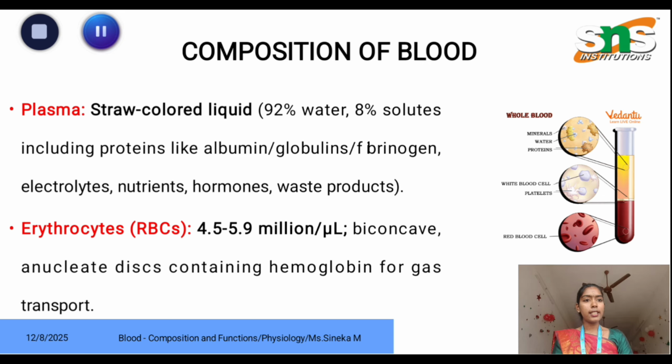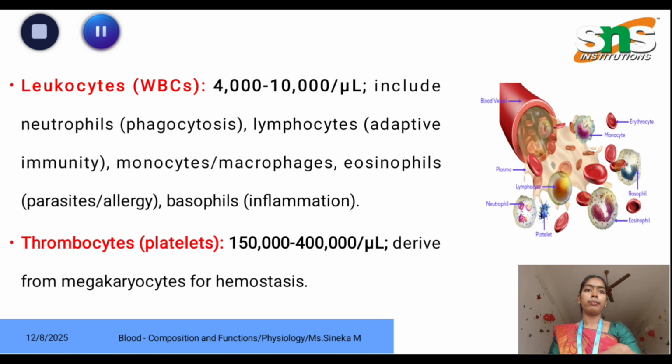Instead of a nucleus, they contain hemoglobin. It is a red color pigment which gives red color to the RBCs and also our blood. It is like a disc shape containing hemoglobin for gas transport such as oxygen and carbon dioxide.